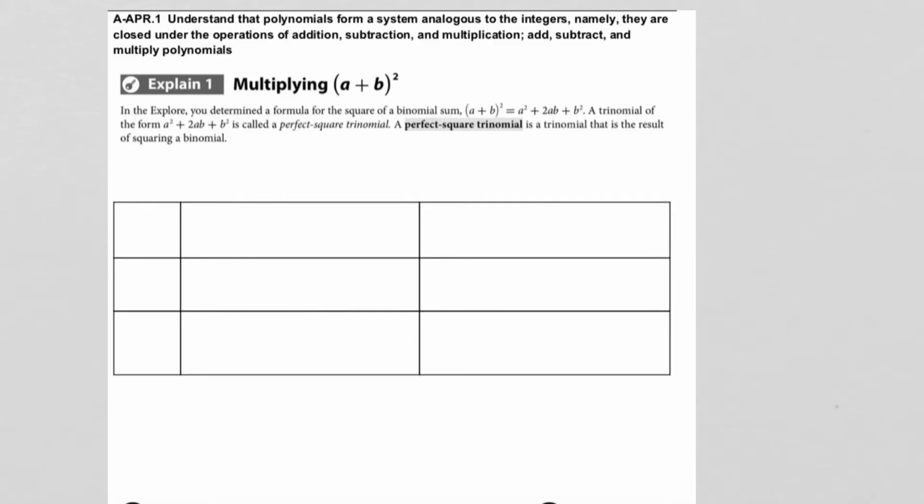So I wanted to start section 5.3, and in 5.3 we are multiplying basically special case polynomials. I'm going to start off with the generic principle, and that's the square of a binomial sum.